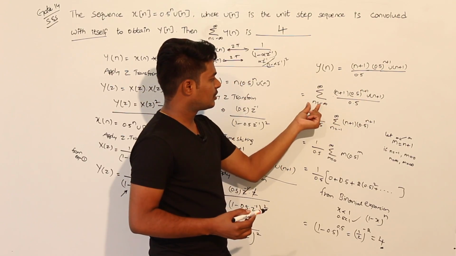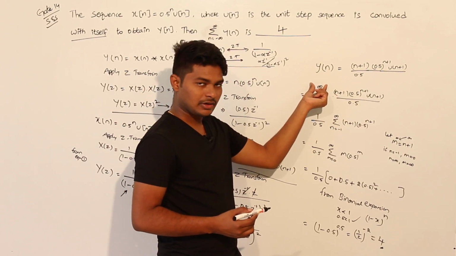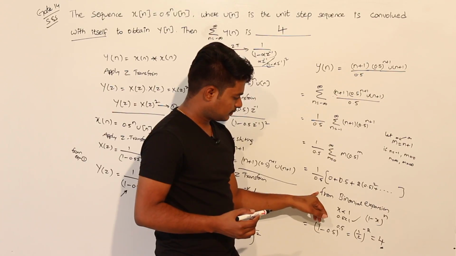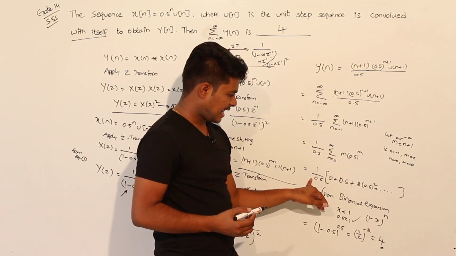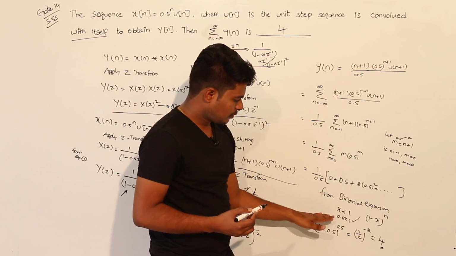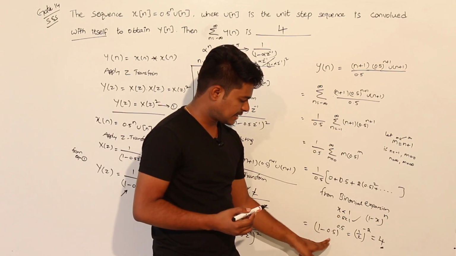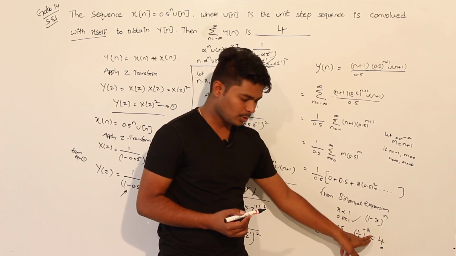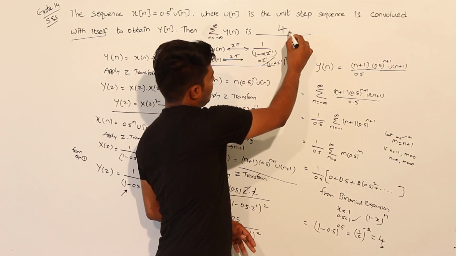Then simply substituting into the limits minus infinity to infinity of the summation, we got this value, and this is the same as the binomial expansion. We have x less than 1, so the result is 1 by 2 whole power minus 2, that is 4. The answer will be 4.